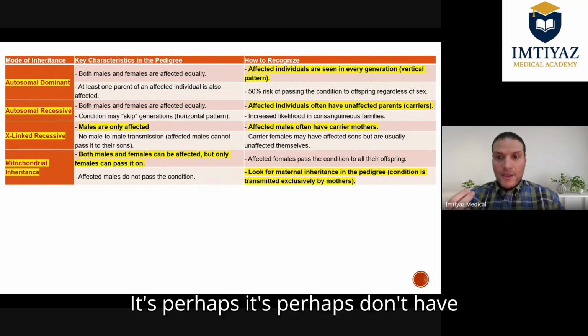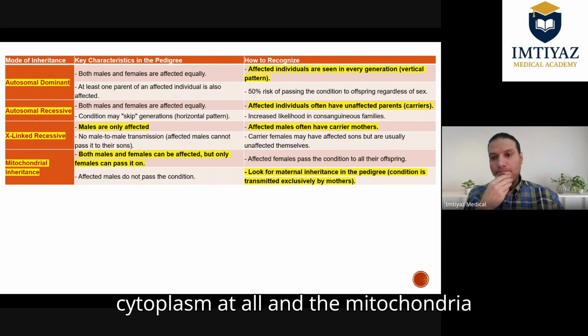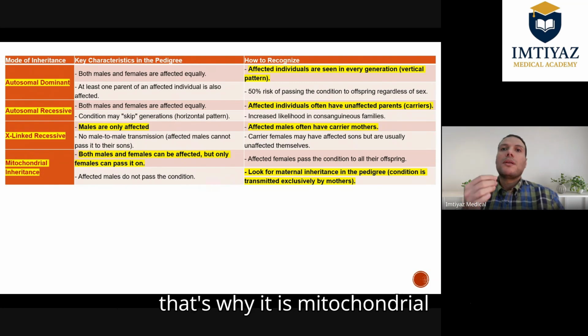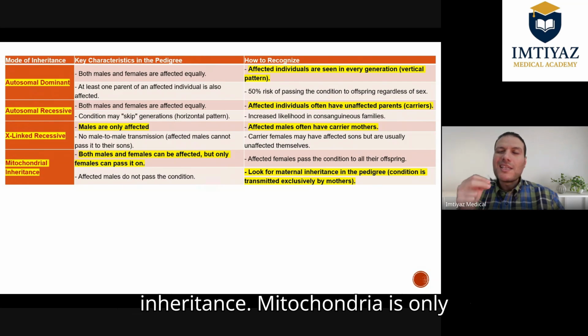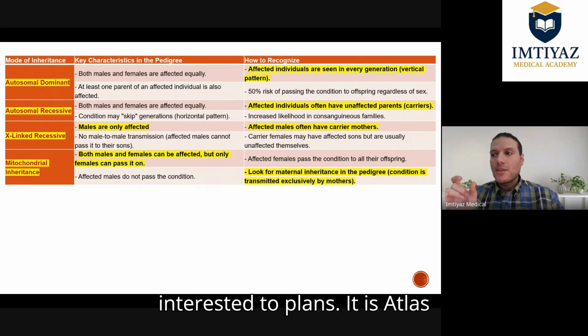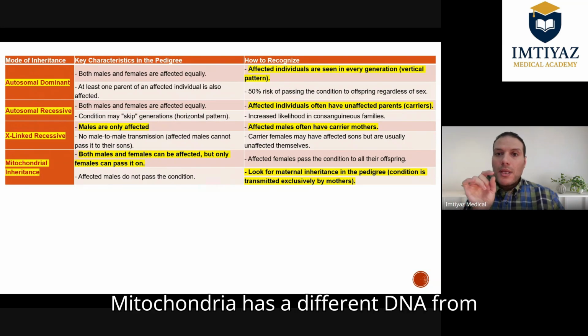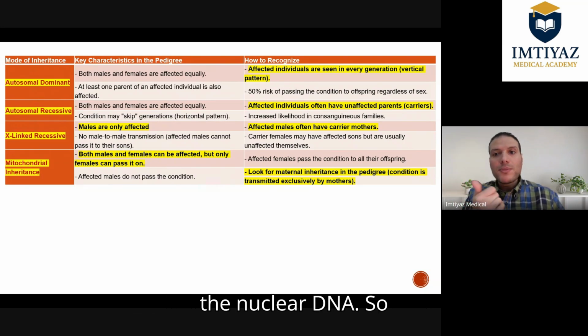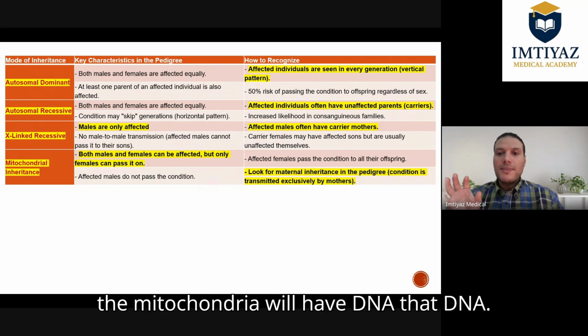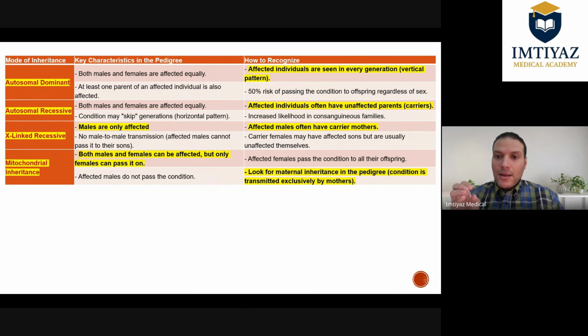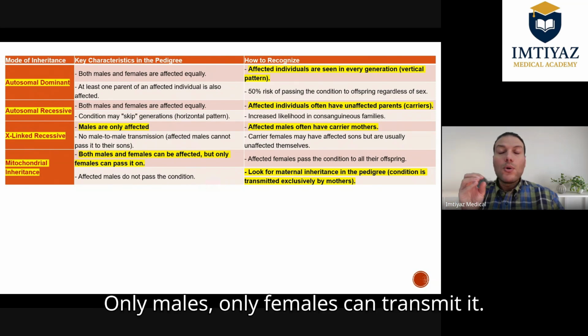Sperms don't have cytoplasm at all. That's why it is mitochondrial inheritance: mitochondria are only in the cytoplasm. Each cytoplasm will have mitochondria. Mitochondria has a different DNA from the nuclear DNA. That DNA only females can transmit.